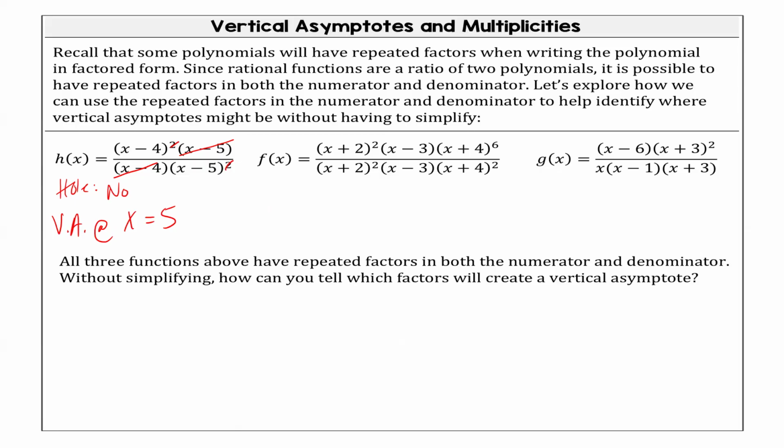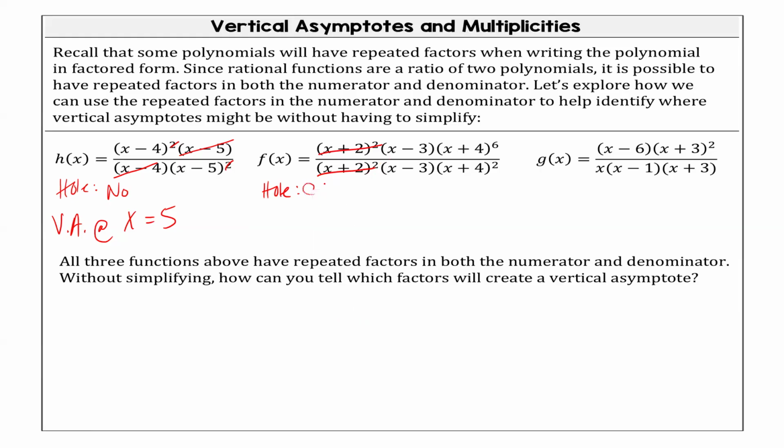All right, let's look at f of x. Okay, do we have a hole? We have a hole at x plus 2, right? And why is it a hole there? It eliminates everything, completely in the numerator and completely in the denominator.